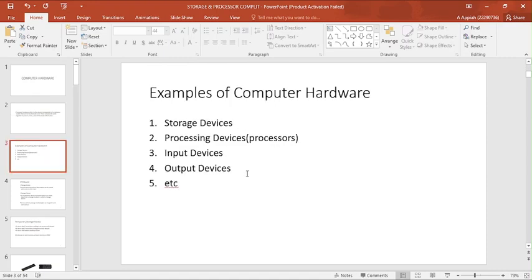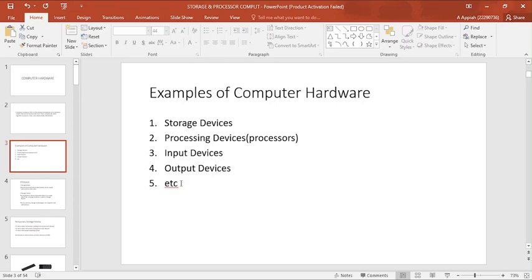There are several examples of computer hardware we can think of. Those that belong to the storage, like the RAM, the ROM. We can talk about the processors also. We can talk about input devices, the mouse, the keyboard, the scanners. We can also talk about output devices, the monitor, the printer, and many others.